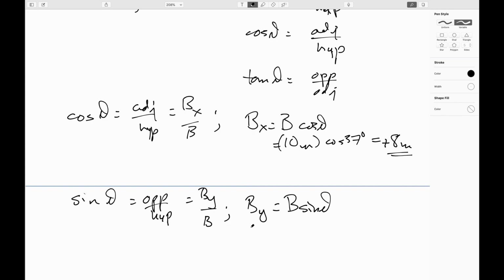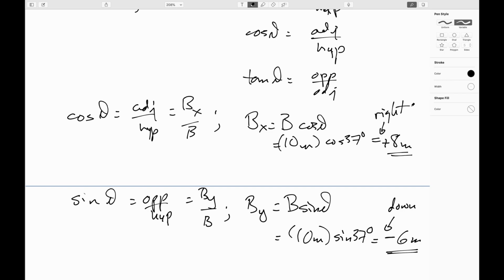So that will again be 10 meters sine 37 degrees. That would be 6 meters, but since you know it's pointing down, we go ahead and stick a minus sign in, just like we stuck a plus sign in there for it going to the right.